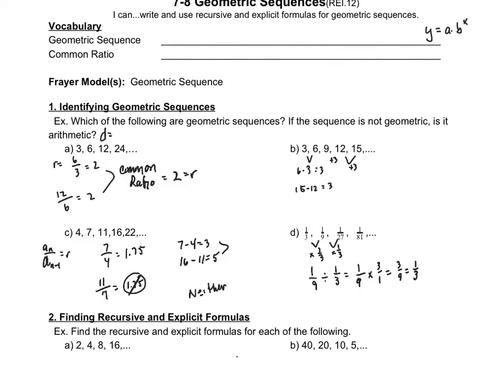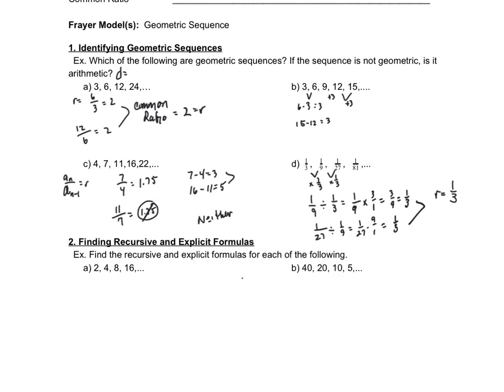And then you can pick any other term, and I can say that I have 1 over 27 divided by 1 over 9, which is going to be 1 over 27 times 9 over 1, which is going to again be 1/3. Therefore, I do have a geometric sequence, and my common ratio is 1/3. Okay, so that's stepping into identifying a geometric sequence.